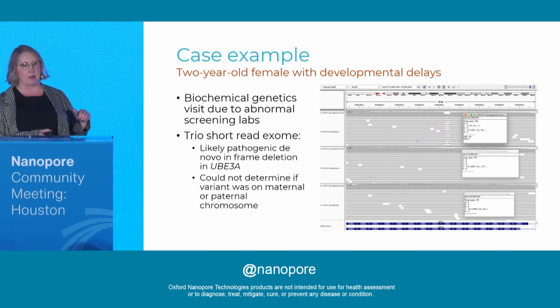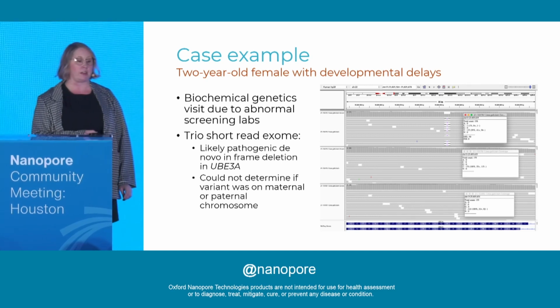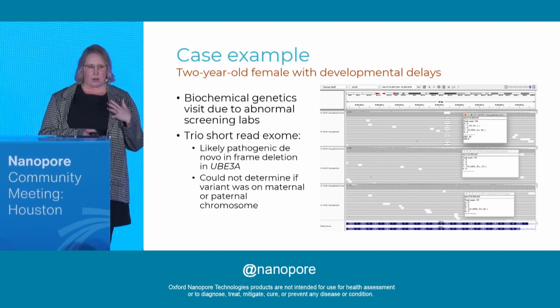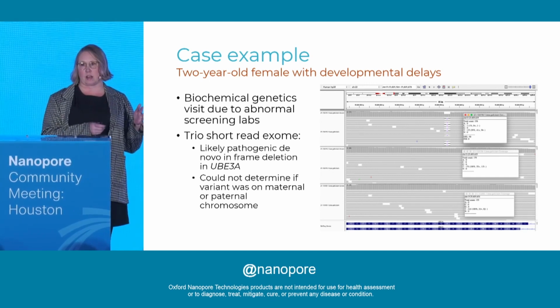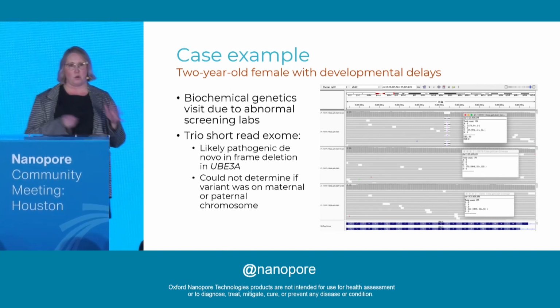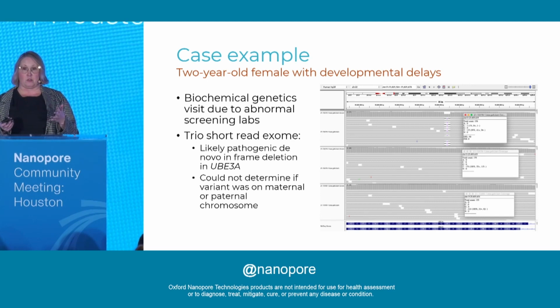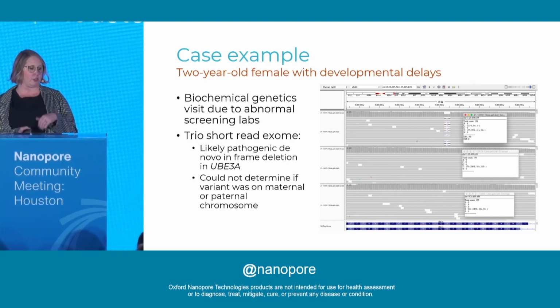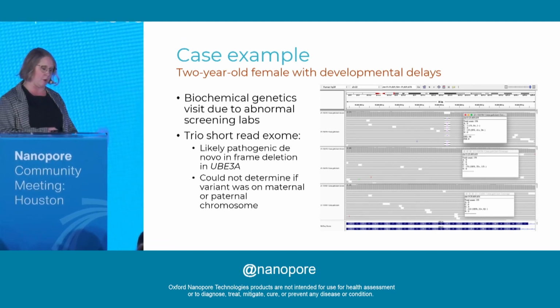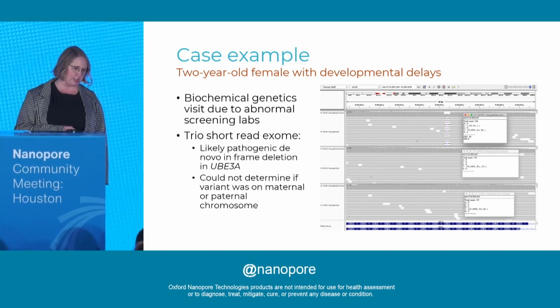She is seen in the biochemical genetics clinic because of some abnormal screening labs. And they're talking with the family, do we want to do targeted testing to focus on this potential biochemical defect, or should we go for an exome? They've already gone through 2 tests, so they decide to do a trio short read exome, which was performed at the University of Washington.